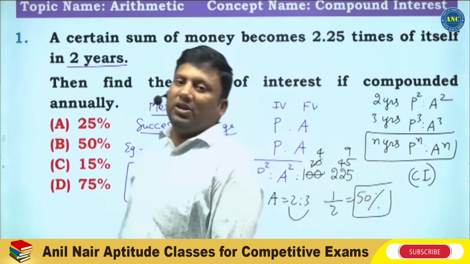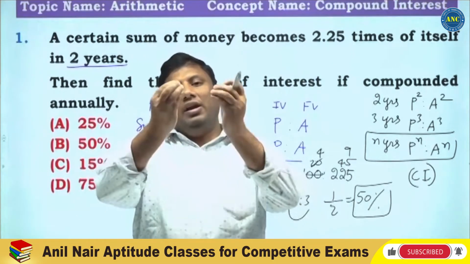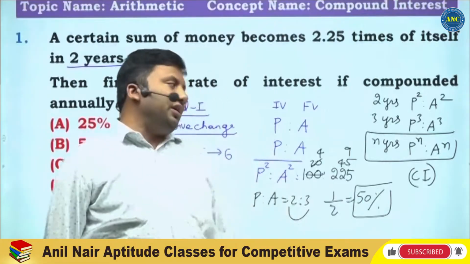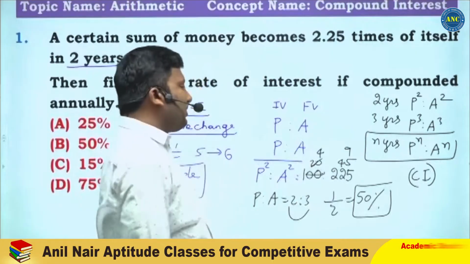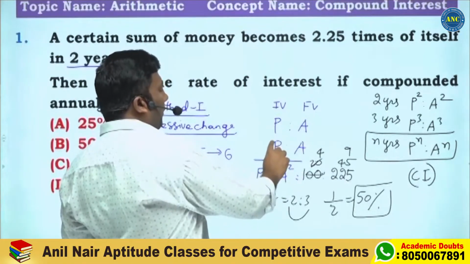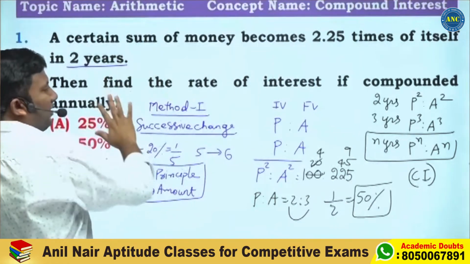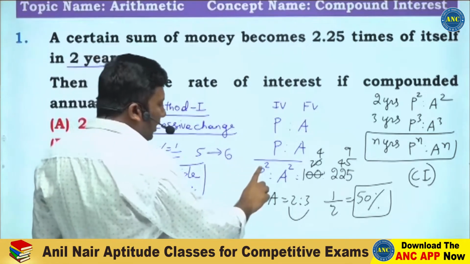Initially, I took some money P from my friend. After 1 year, I will give the money with interest, which is P is to A. Second year, I took some money again and after the second year I will give. So P into P, because the rate of interest every year is the same. P square is to A square.